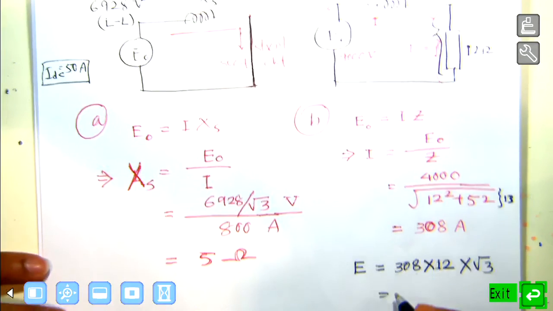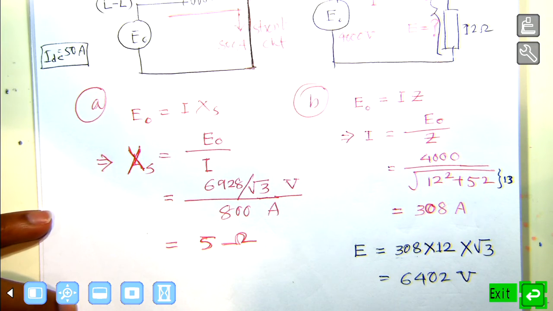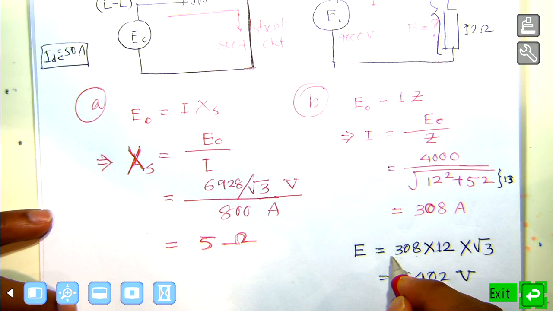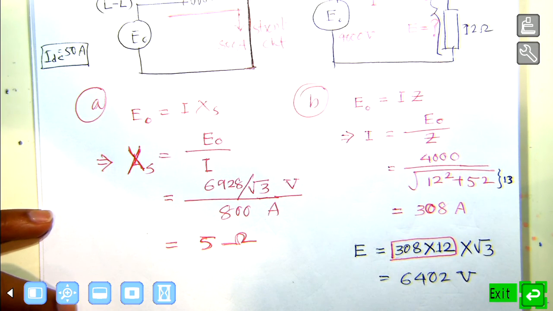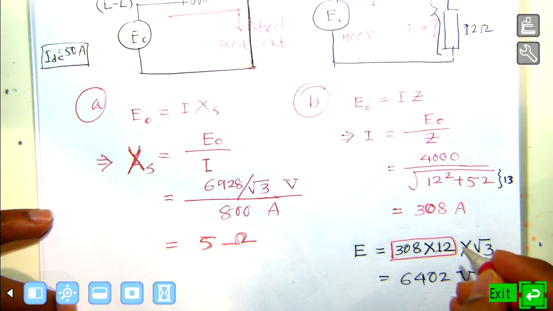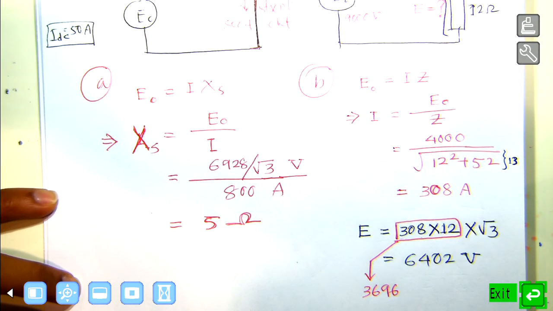So that gives you 6402 volt. Just in case, if you don't like to multiply by root 3, your result will be 3696, and you will lose 1 mark.